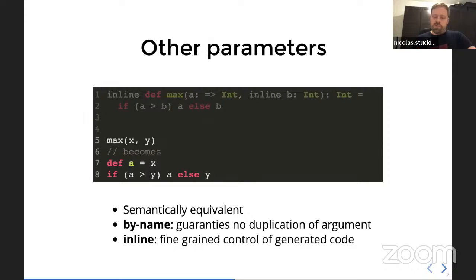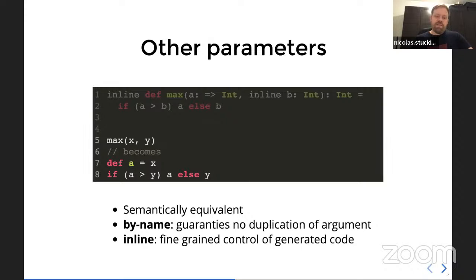And we also add another kind of parameter, which is the inline parameter, which basically has the same semantics as a by-name parameter evaluation-wise, but code generation-wise is quite different. So the by-name will generate a def instead of a val, and the inline will, as the name indicates, just be inlined.